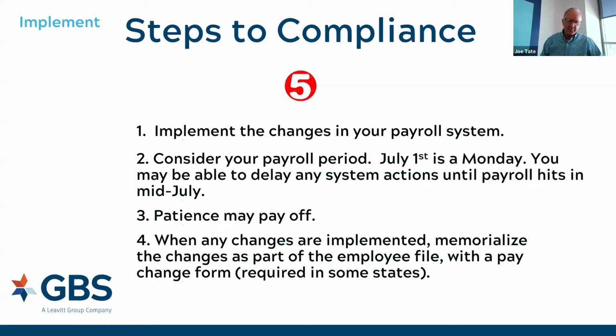And I say that patience may pay off, because last time what happened in 2016, 2017, companies went out and they gave increases, sometimes big increases to employees over that early threshold of 47,000. And then everything was reeled back by the courts and the states, and the threshold was never near that. But it's very hard to reel that back in after you've granted large salary increases to employees.